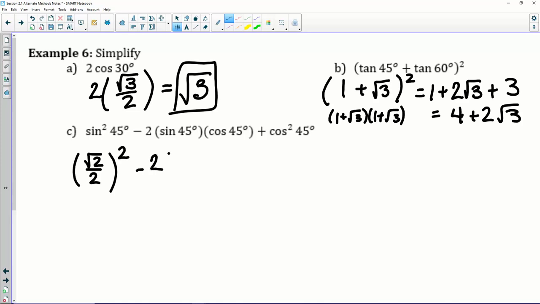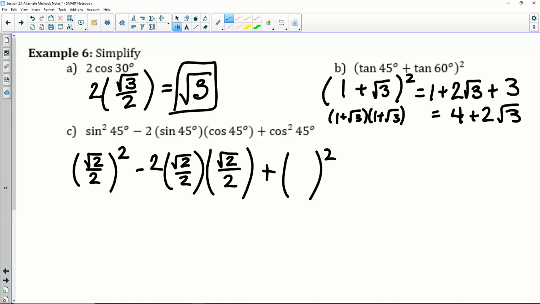Minus 2 times the sine of 45 degrees, we just said, square root of 2 divided by 2. Times the cosine of 45 degrees. So cosine is the square root of the bottom over 2, which is radical 2 over 2, plus the cosine of 45 squared, and we just said the cosine of 45 is radical 2 over 2.